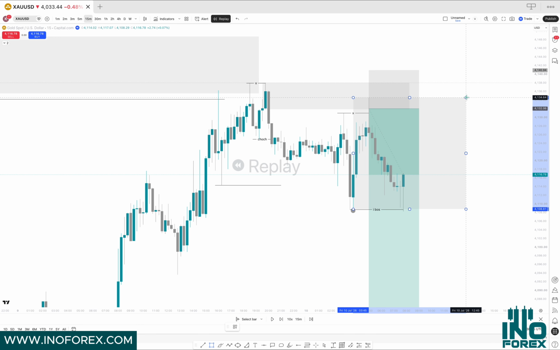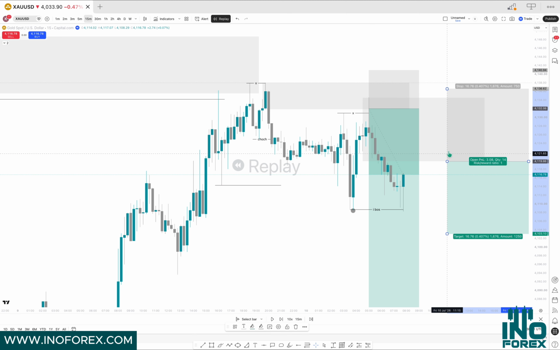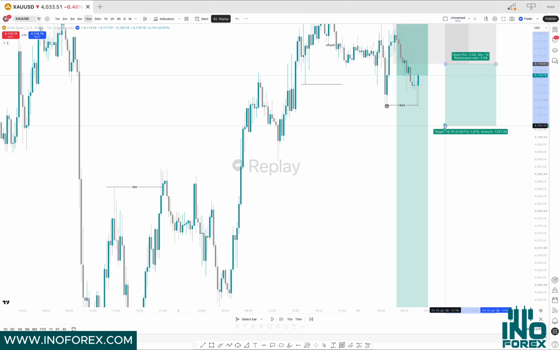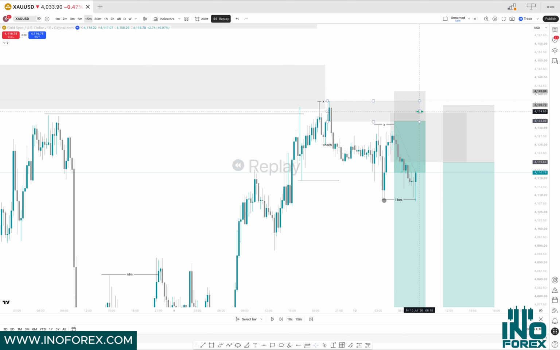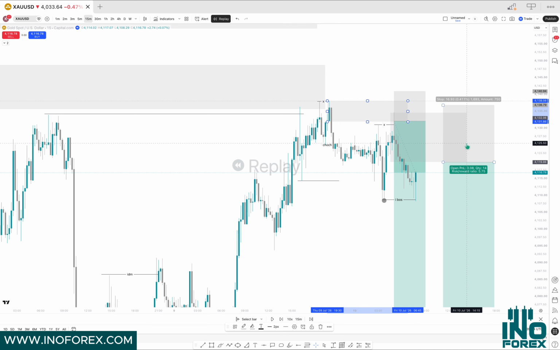Because this order flow is very big, we can place our order in the middle of it, with our stop loss above the higher high and TP at the next lower low. This is a valid second entry. If you miss the first one, you can wait. Sometimes you miss the order block mitigation, so if you miss the first entry, you can try the second entry.